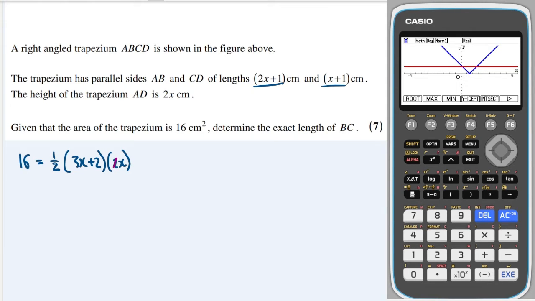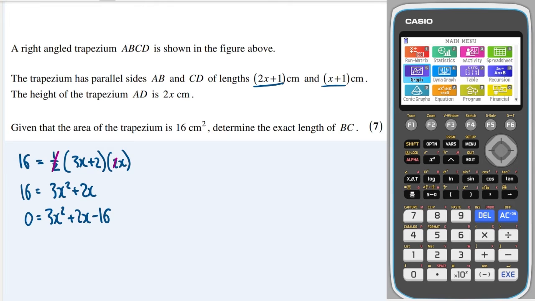Okay, the 2 and the half will cancel. So this leaves me with 16 is equal to 3x squared plus 2x. Setting this equal to 0, it gives me 3x squared plus 2x minus 16. And then we can solve that.